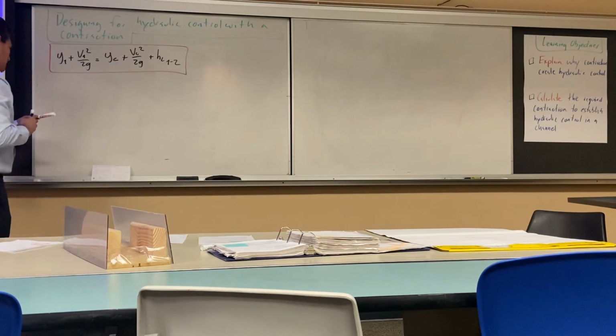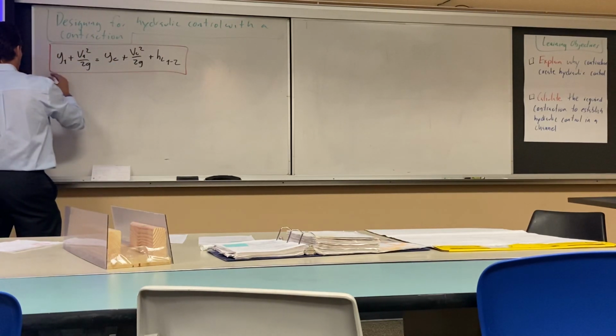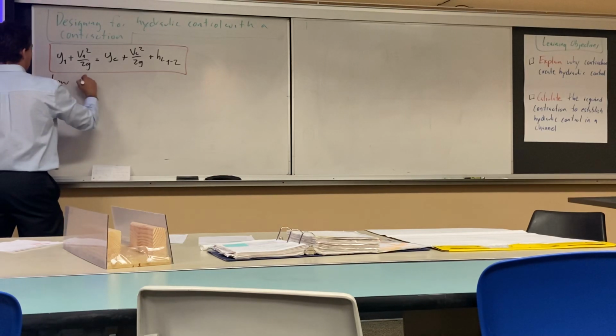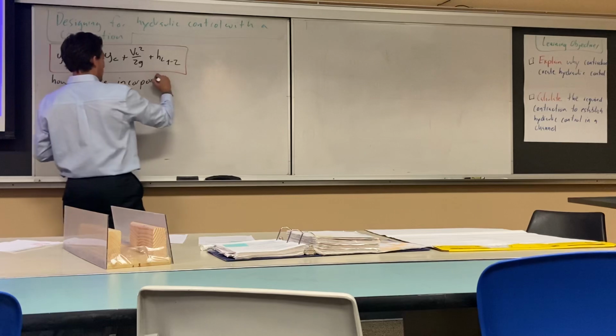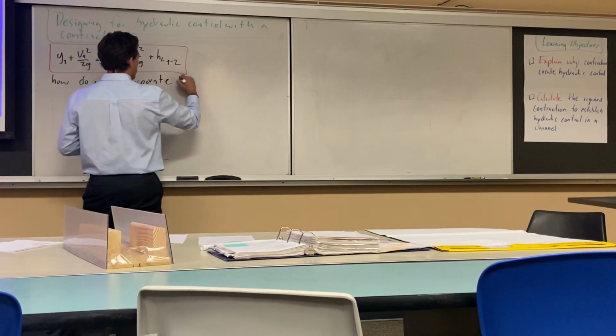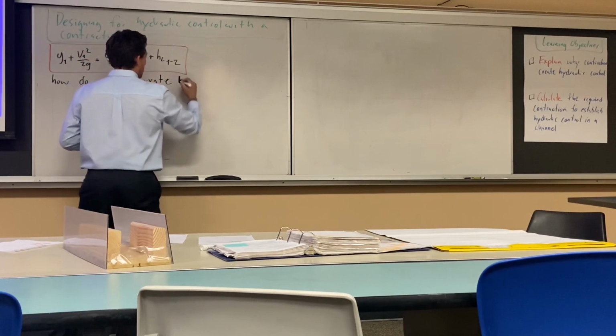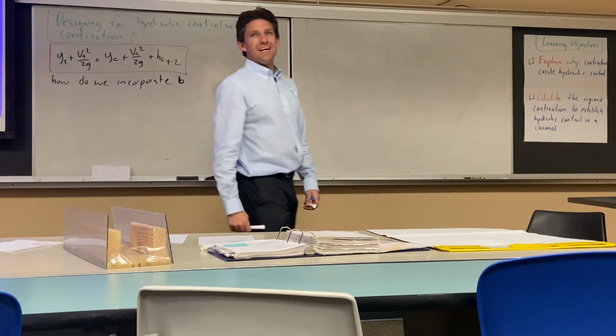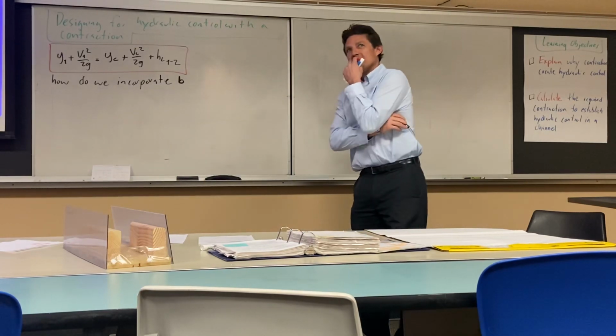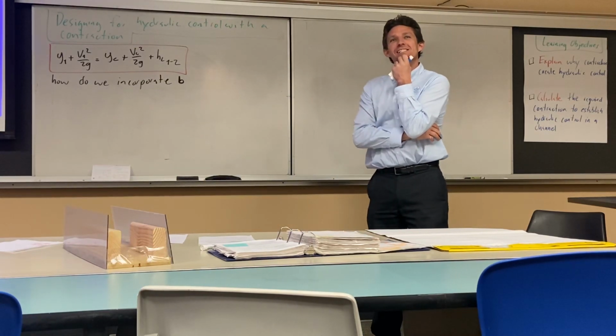I'm going to pose a question. So how do we incorporate B? How would we do that, Aubrey? Any ideas? How do we incorporate B? Could you put a B1 on the left side and a B2 on the right?